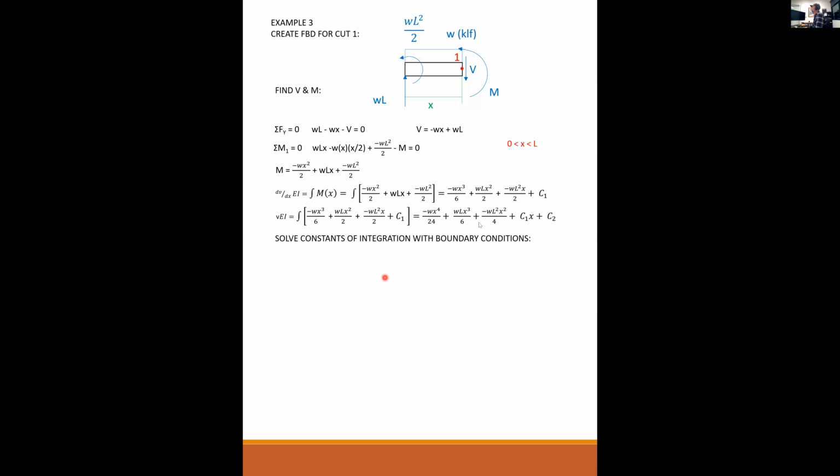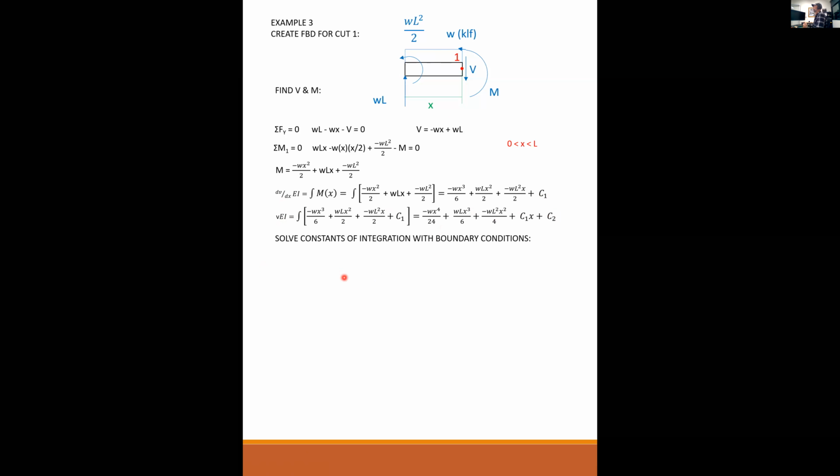So now we need to solve for the constants of integration with our boundary conditions. Okay, so this is a fixed cantilever. Keep that in mind. C1 is associated with dv dx, the slope of the beam.